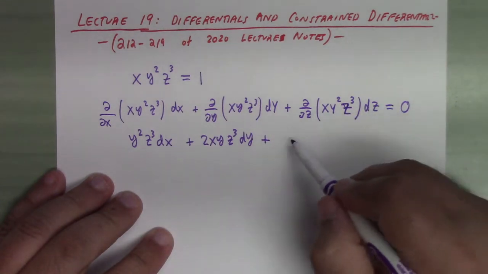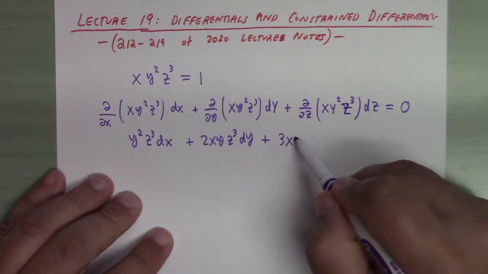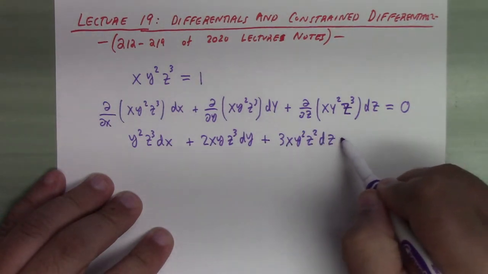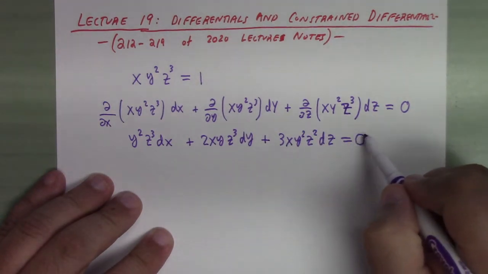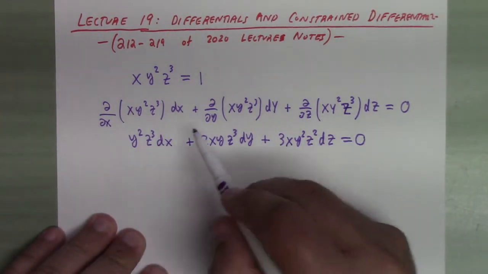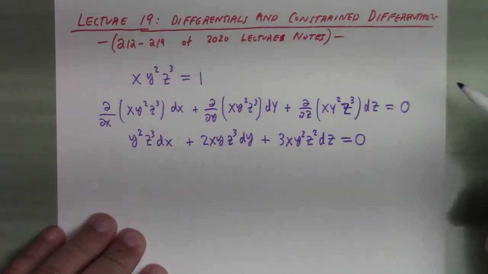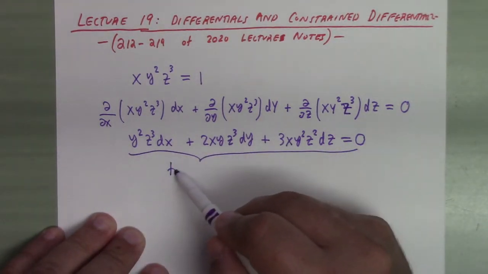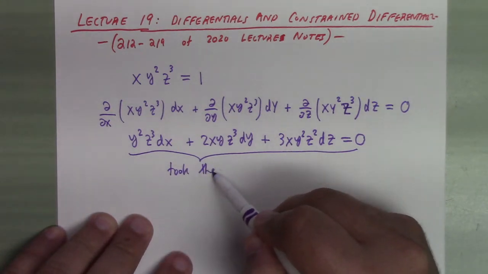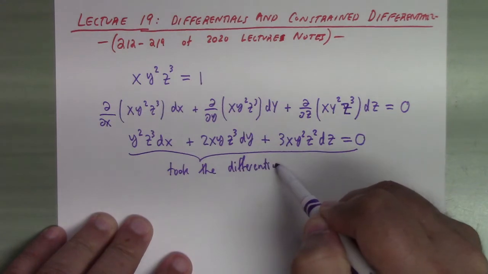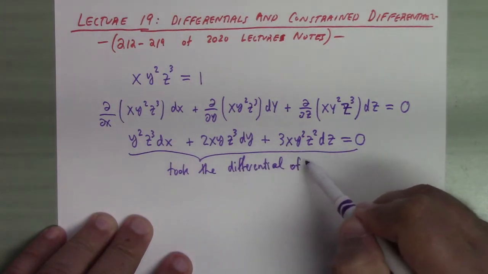Let's make it back to z, plus 3 x y squared z squared dz equals 0. So this is what I call, quote unquote, taking the differential of the equation. I took the differential of, let me give it a name, I'll call it Pac-Man.